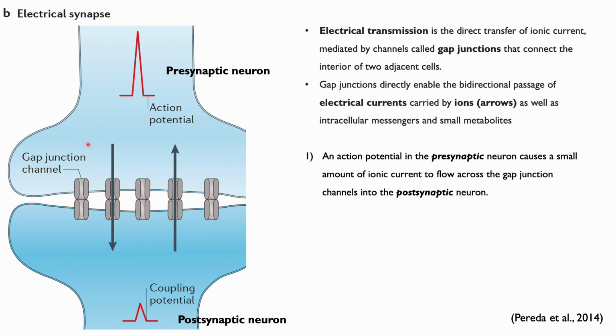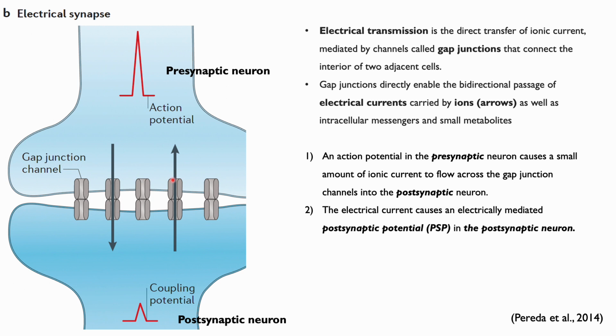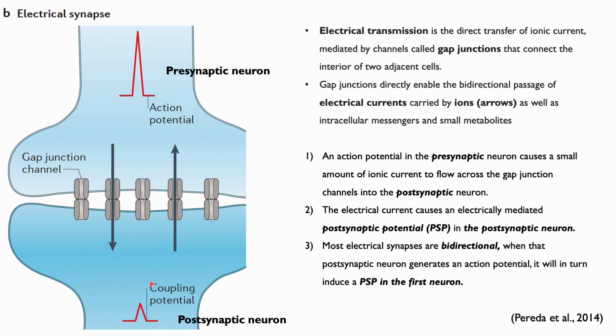Ions can directly flow from the cytoplasm of the presynaptic neuron through the gap junction channel to the cytoplasm of the postsynaptic neuron. This direct flow of ions from the presynaptic cell to the postsynaptic cell can generate enough electrical current to induce something called a postsynaptic potential, or PSP, in the postsynaptic neuron.